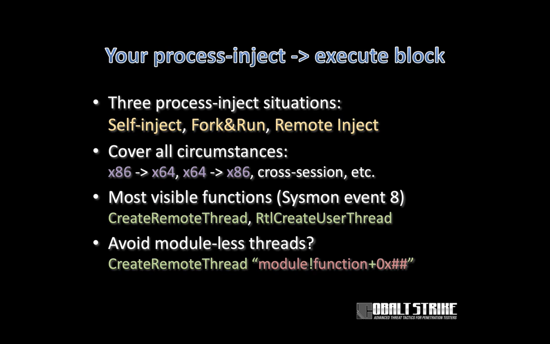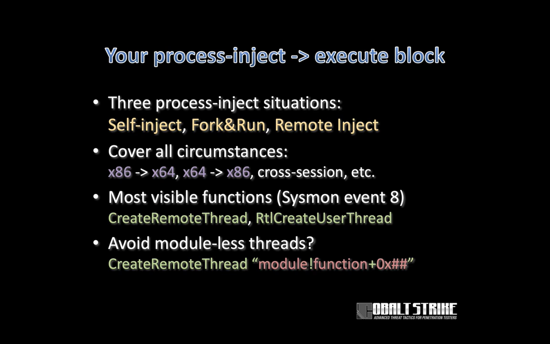Your execute block needs to cover the trivial case of 32-bit to 32-bit or 64-bit to 64-bit. Those are trivial. What about 32-bit to 64-bit or 64-bit to 32-bit? What about going across desktop sessions? Some process injection techniques to run a thread or pass execution to code in a remote process work across desktop session boundaries. Others do not.